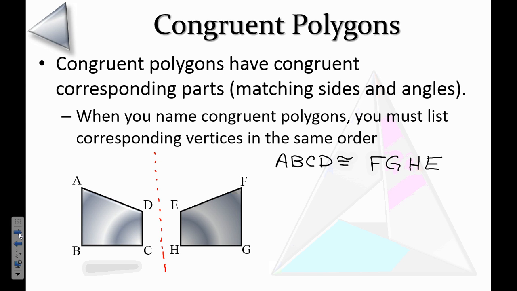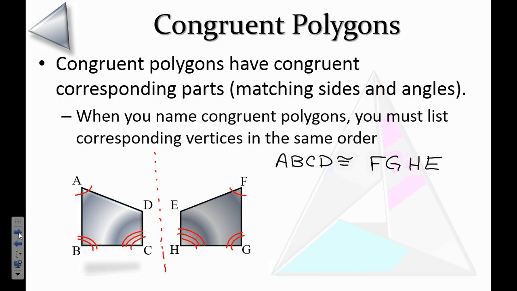A and F are congruent angles, because rigid transformations preserve size, shape, angle measures. Okay? You said B is congruent to G, and you're right. And we mark that with double tick marks. You also said C is congruent to H, 3 ticks, 3 arcs.